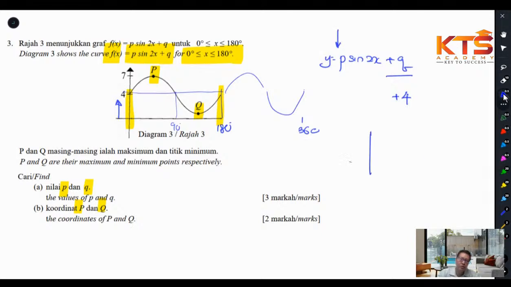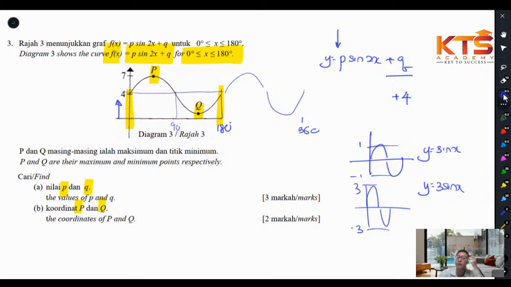Okay, so if you are confused, y equals to sine x. Y equals to 3 sine x. It will be 3 and negative 3, like this.